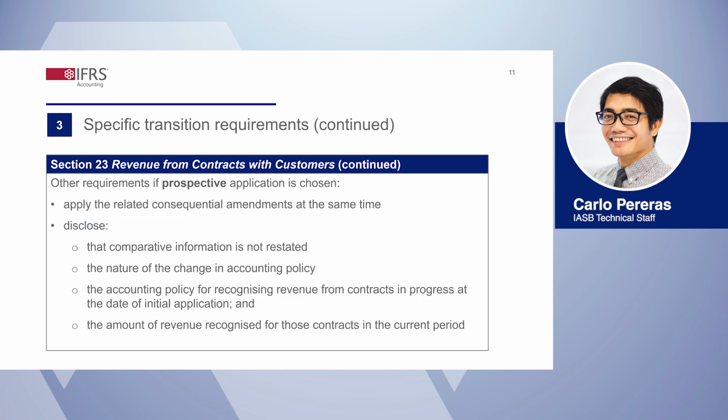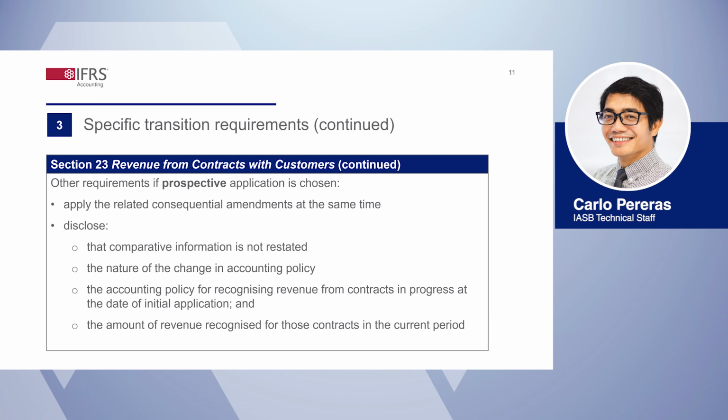There are also some other specific transition requirements for an SME that chooses to apply the revised Section 23 prospectively. First, there are amendments to the standard arising from the revised Section 23 that the SME is required to apply at the same time as it applies the revised Section 23.